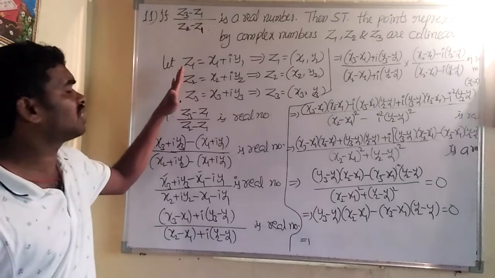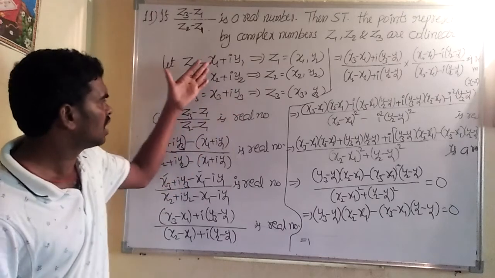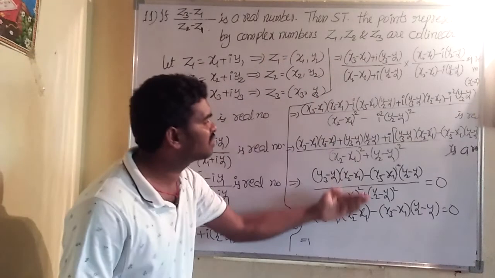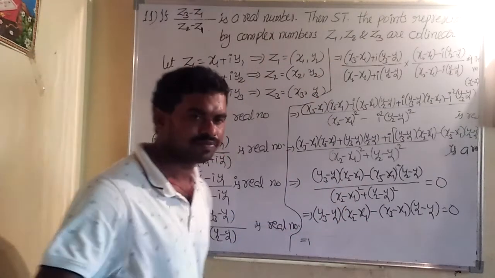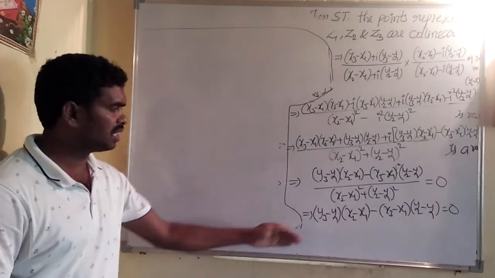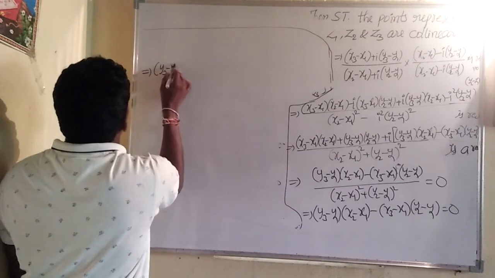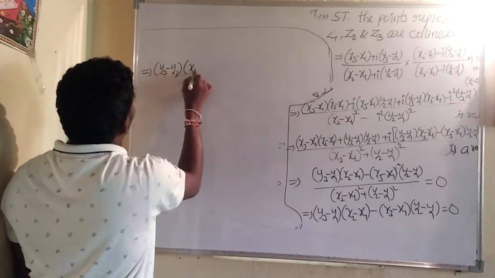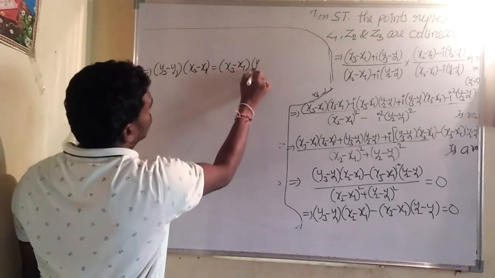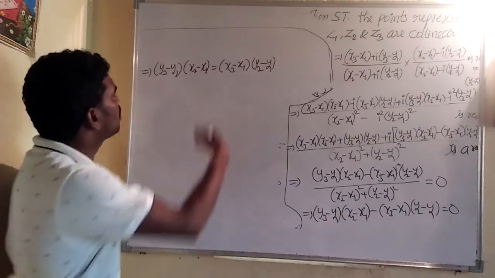Z1 means x1 plus i y1, Z2 means x2 plus i y2, Z3 means x3 plus i y3. Given it is a real number, we substitute the Z1, Z2, Z3 values and simplify. After that, the minus term goes to the right side. So (y3 minus y1) into (x2 minus x1) is equal to (x3 minus x1) into (y2 minus y1). That's it.